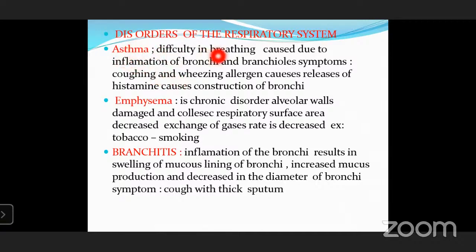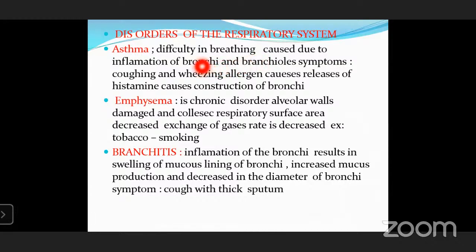Asthma is difficulty in breathing caused due to inflammation of bronchi and bronchioles. Already you know the trachea divides into two primary bronchi, left and right. The left and right primary bronchi are divided into bronchioles.